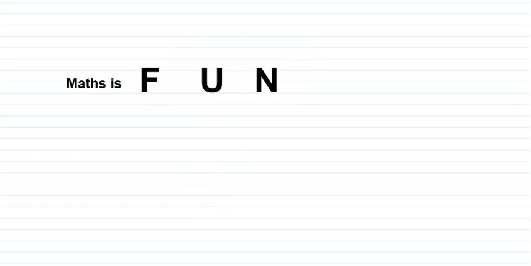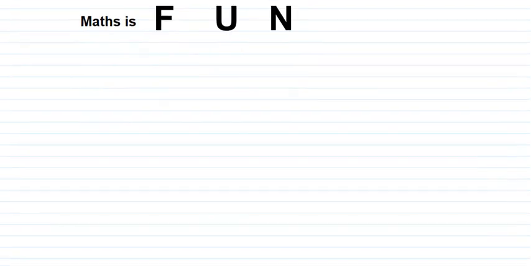So when we do a bit of recap on our grade 9 Euclid, we talked about maths is fun. This is how the learners were introduced to this, and most probably that F and U were written in this way.